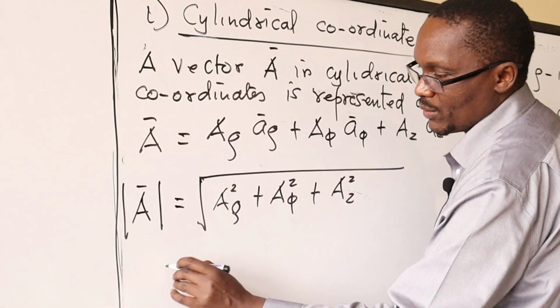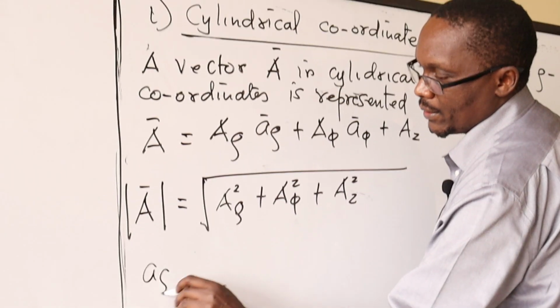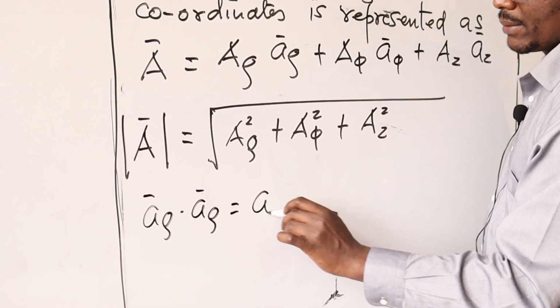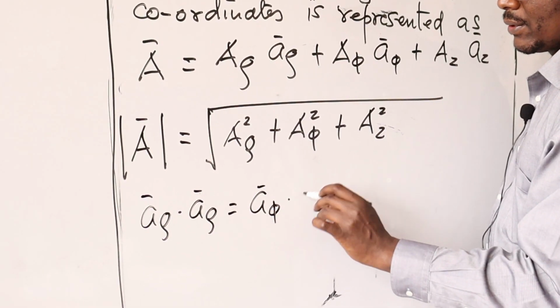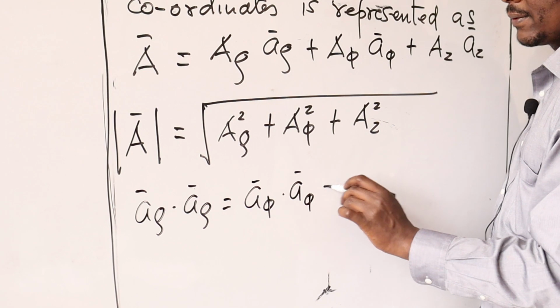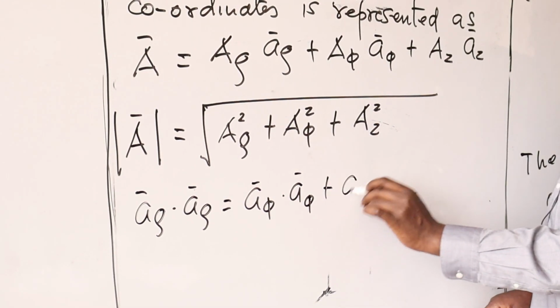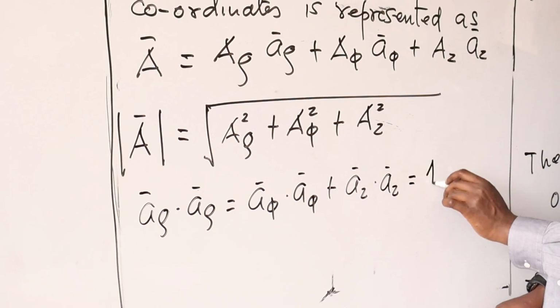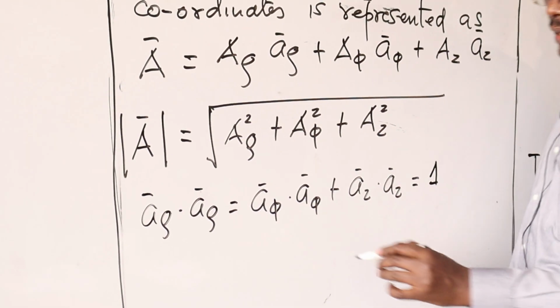the same. Our rules will be a rho dot a rho is the same as a phi dot a phi, which is the same as a z dot a z, and that is equal to 1.